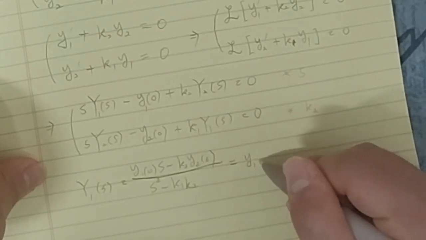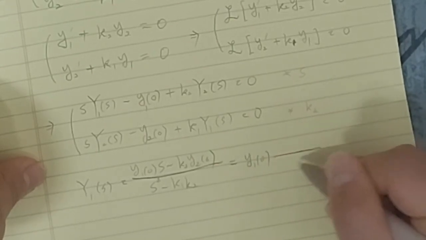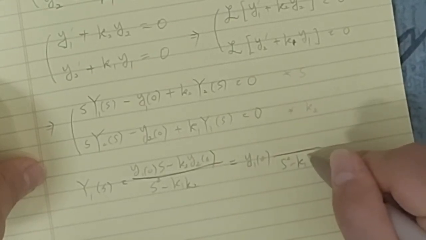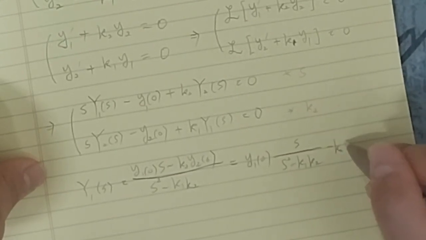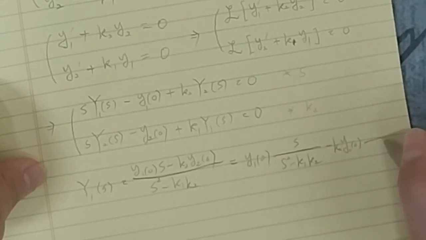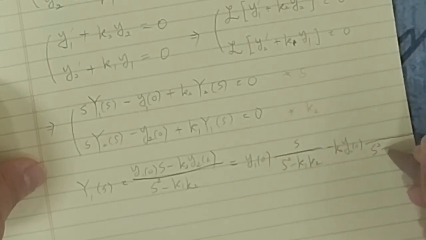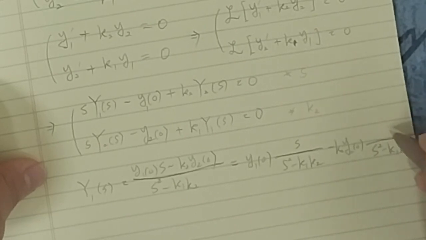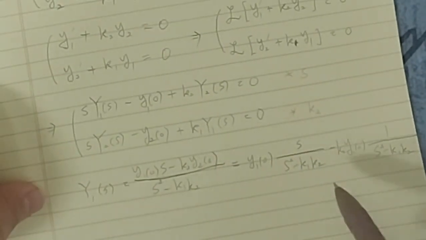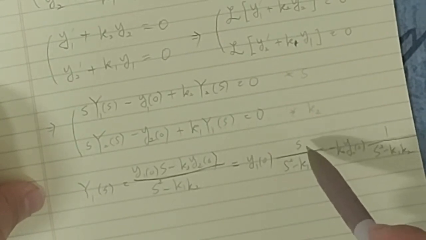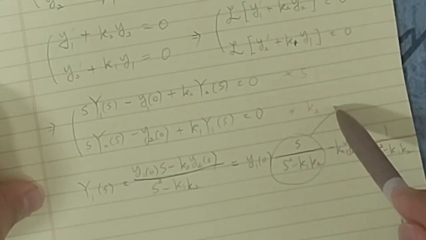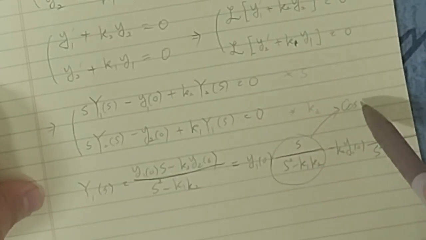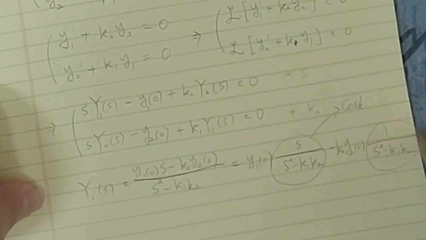It becomes like this. When you look at the Laplace transformation table, this becomes hyperbolic cosine, and this becomes the hyperbolic sine function.